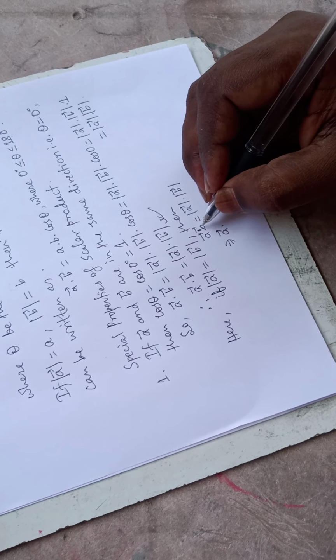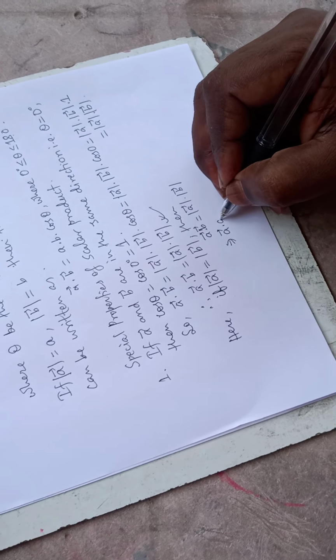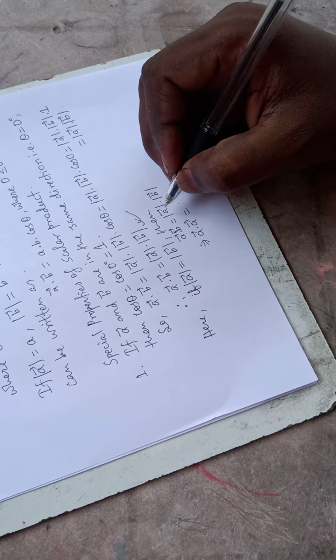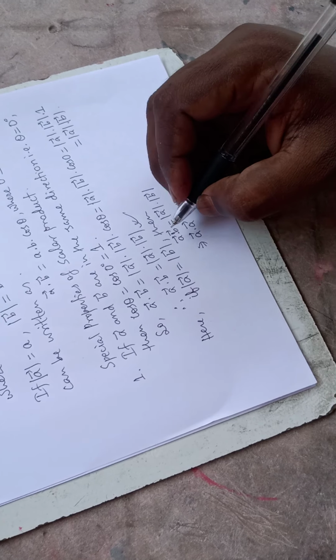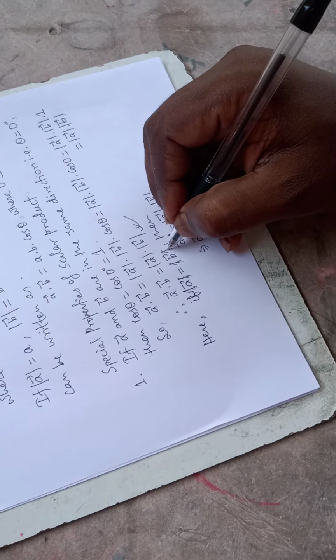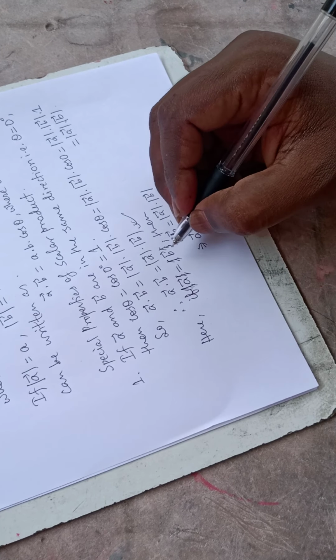Instead of writing b vector, we write a vector simply, that is, a vector is equal to b vector.